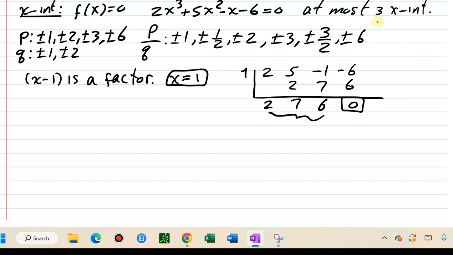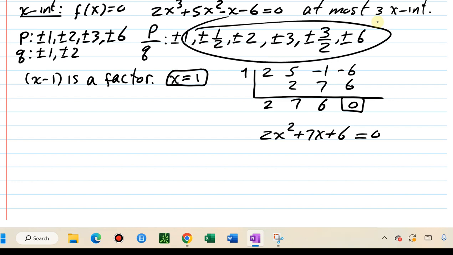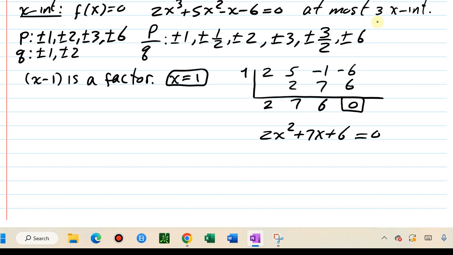Okay, now I'm down to a quadratic, right? In the third row in the synthetic division table, this quadratic is 2x squared plus 7x plus 6. If we set this equal to 0, you could go through the list here and try them to see which one works. Once it's down to a quadratic, we usually solve the quadratic equation by either factoring or the quadratic formula.